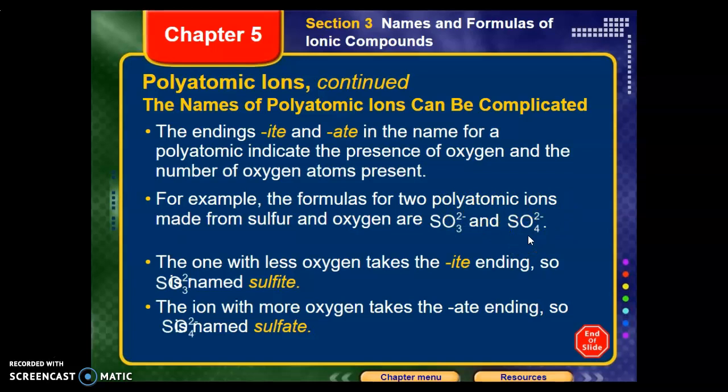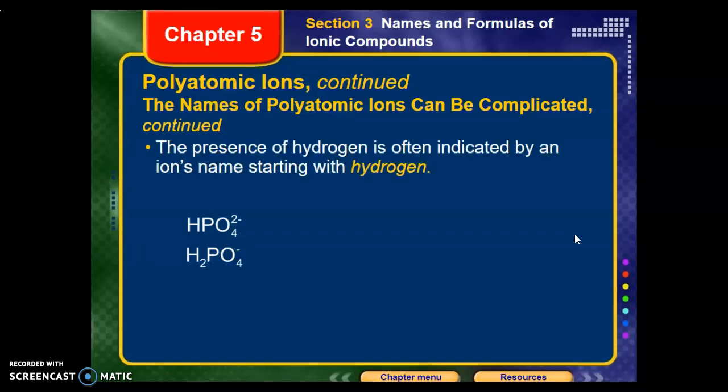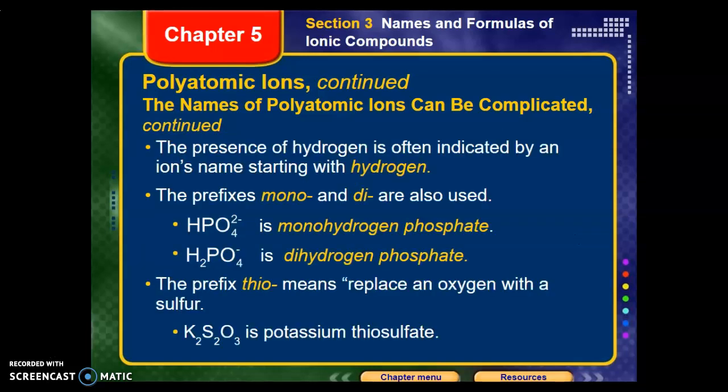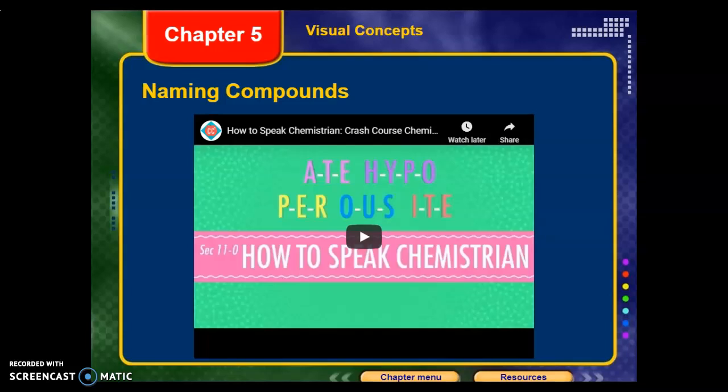And so the way to figure out the formulas from the names can be kind of complicated. So we're going to spend some time on it in the PowerPoint here, and you'll want to read through this to get all the answers there. It's a really helpful resource for you. But more helpful than that, I think, is Hank Green, who explains how to speak chemistry and how to name acids and using ions and all that kind of good stuff.